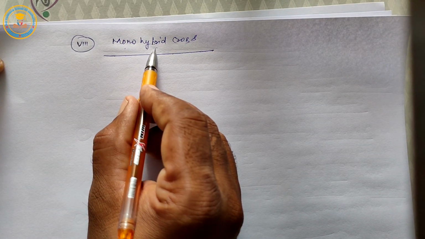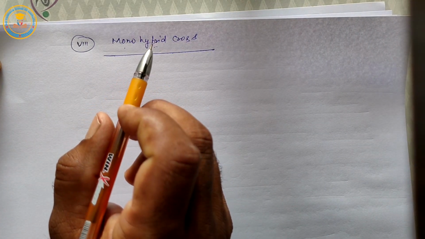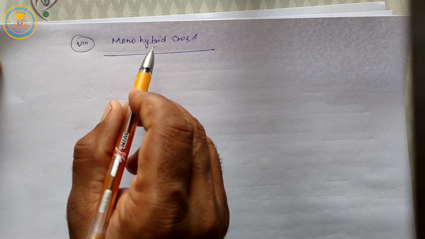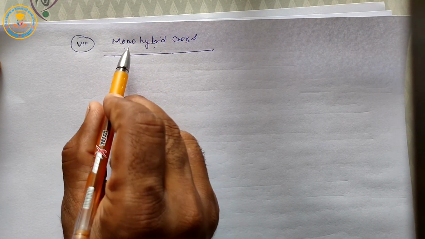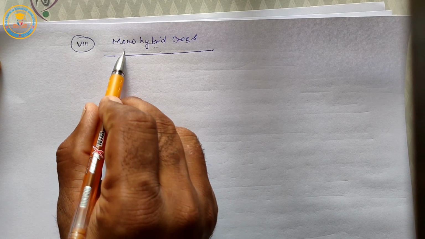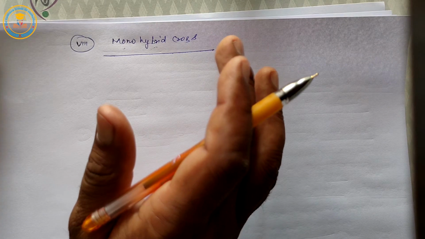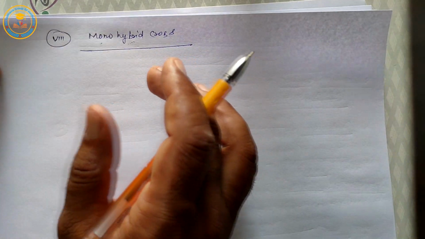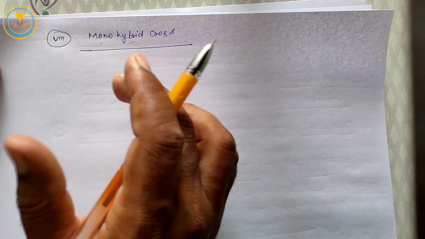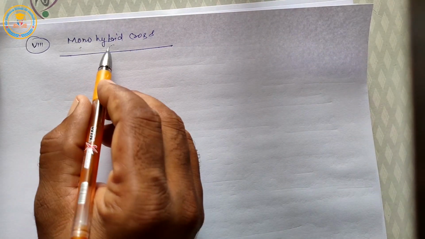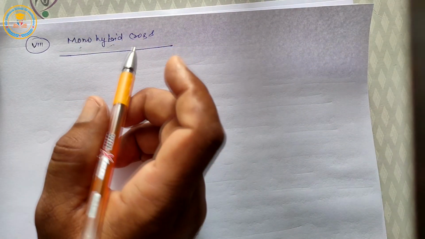Hybrid means a mixture of two or more varieties, a mixture of more than two traits. But in monohybrid, single trait.